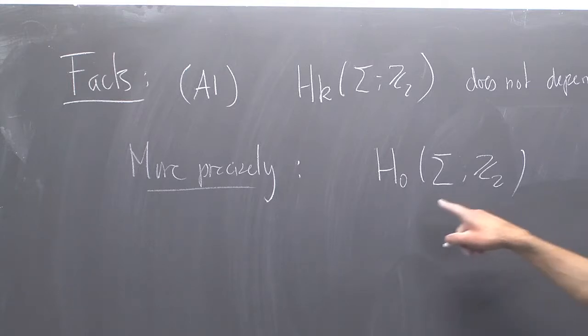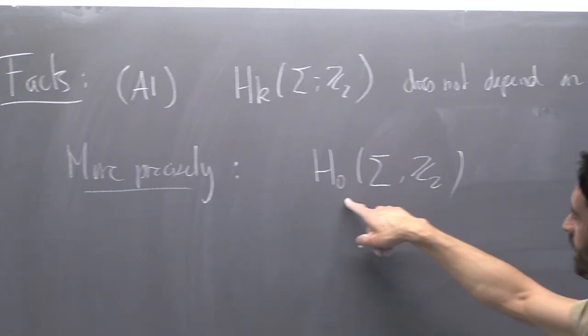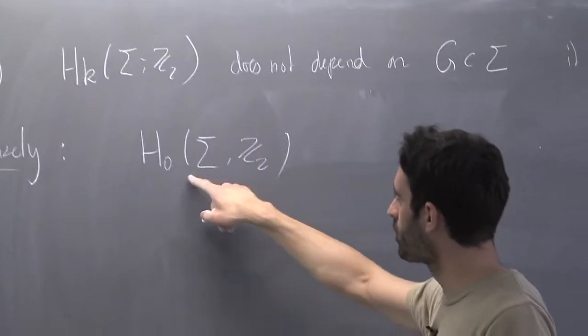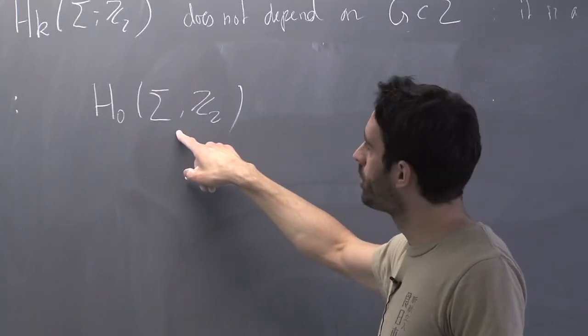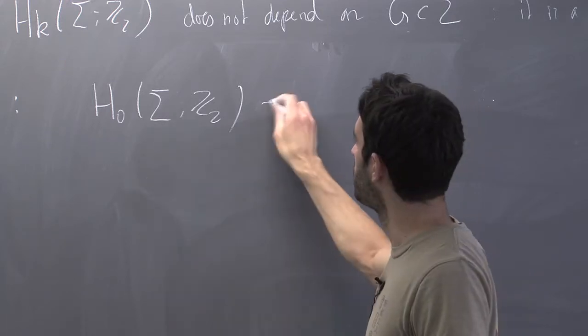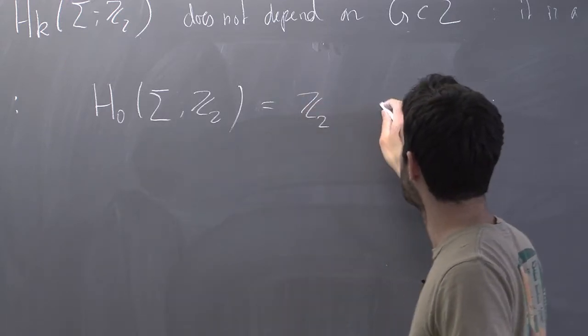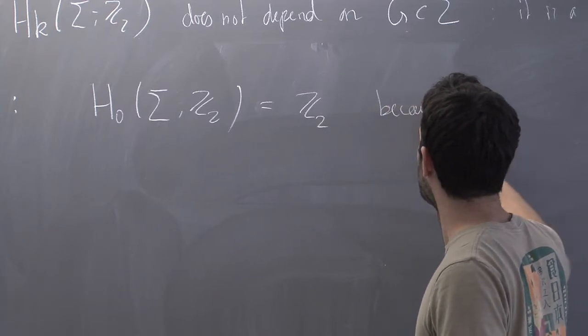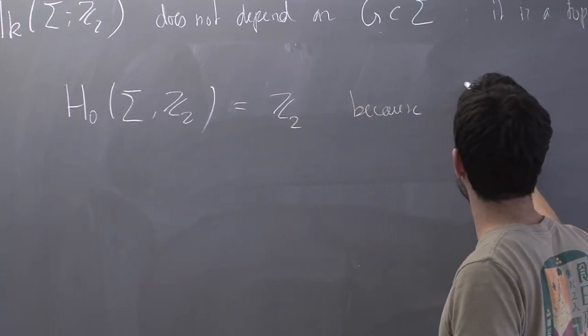And actually, that's going to be an exercise in homework 5. It's very funny to try to unravel the definition of this and to see that actually this measures the connectivity of the surface. So this is actually Z2 because sigma is connected.